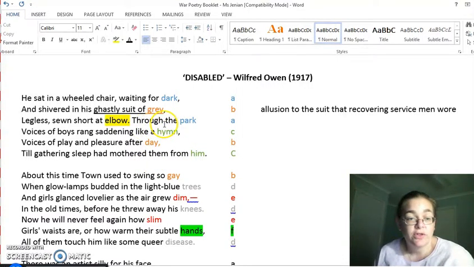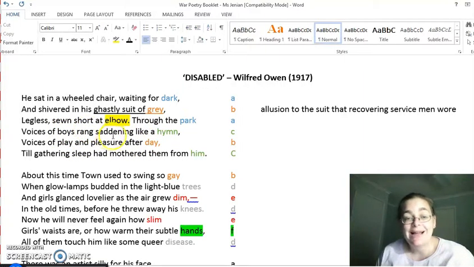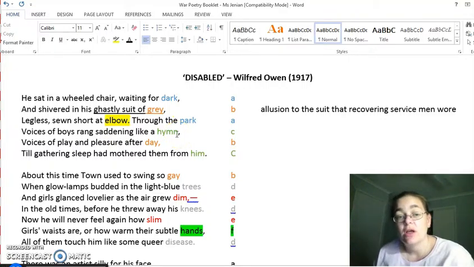And so then we move on to things like voices of boys rang saddening like a hymn, a hymn being a religious song played in church. The voices rang saddening like a hymn. You could say that the voices, which are, I suppose, technically an inanimate thing, it could apply some personification there.